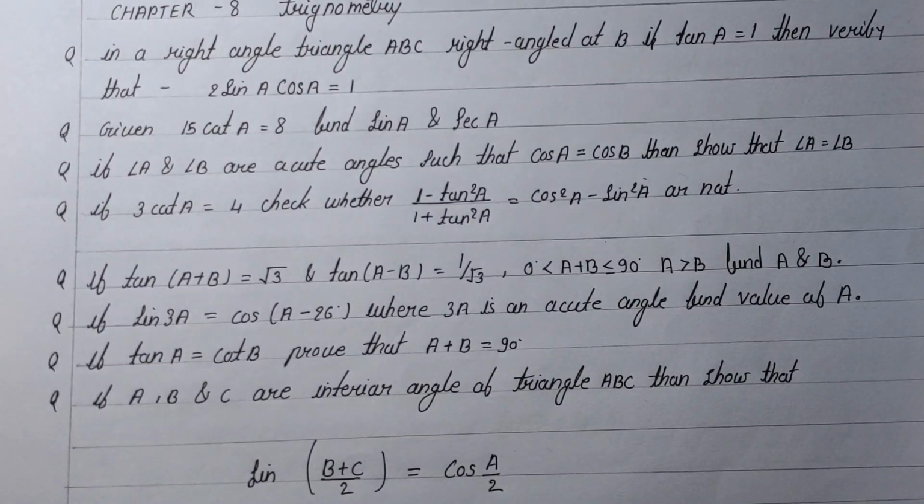Next, if A, B, C are interior angles of triangle ABC, then show that sin ((B plus C) by 2) is equal to cos (A by 2).